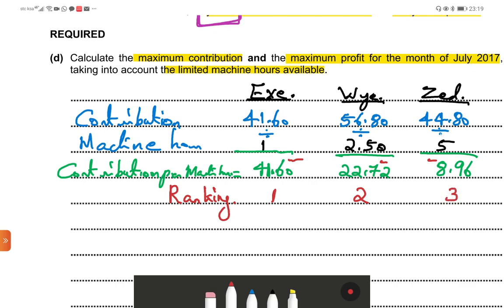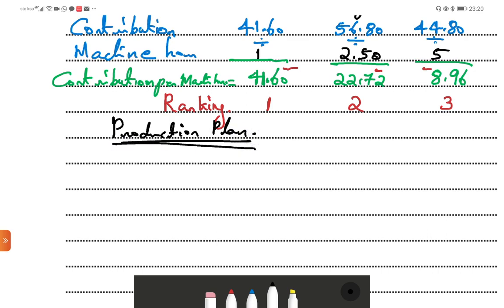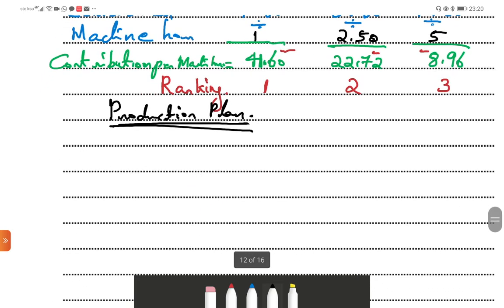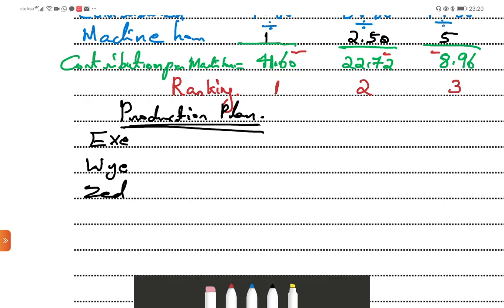So we will do the contribution per machine hour. Product X can produce the complete units and product Y also. But at product Z, the remaining machine hours we will use to produce the product Z. So we can make the production plan next. Production plan, X, Y, Z. X is how many units we have to produce?